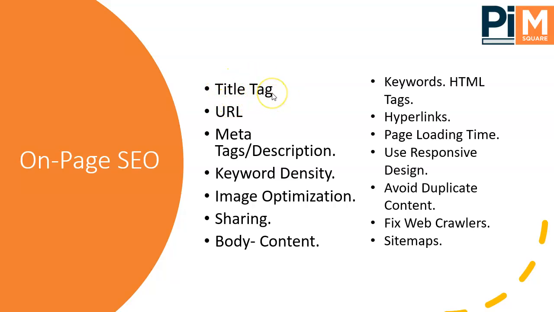This title tag is useful when you work on website optimization. URL, meta tags and description, keywords and density, hyperlinks, page loading time, user responsive design, duplicate content, web crawlers, site maps, body content. So these are some of the on-page SEO checklists which are useful while optimizing your website. We'll be discussing each one of these in our next video, why and how the different types of on-page SEO are useful for the website.